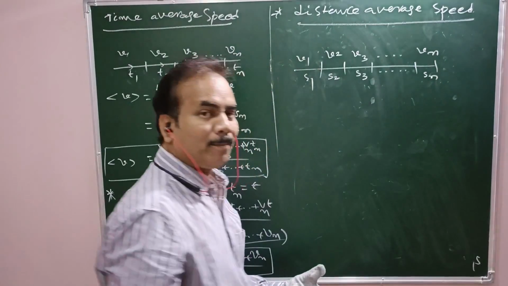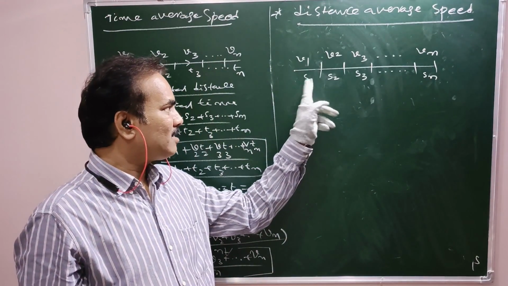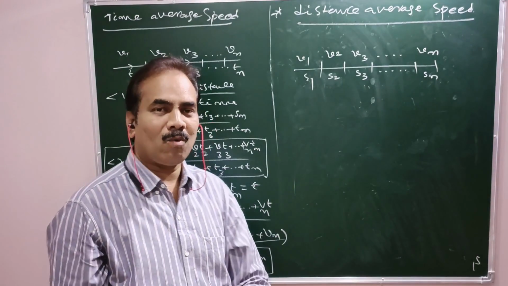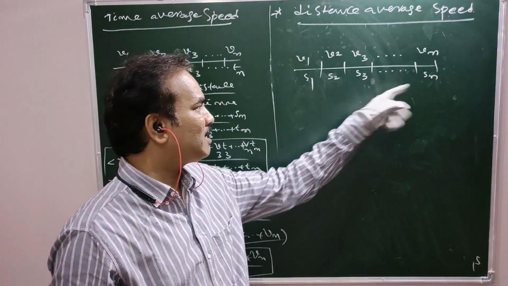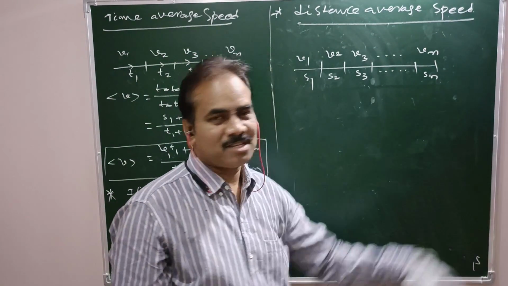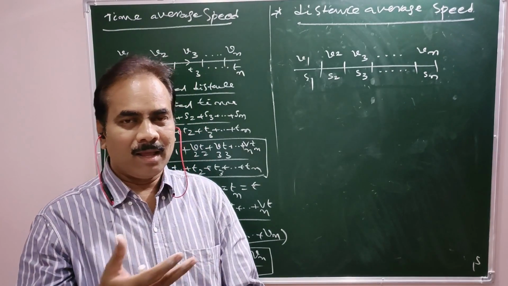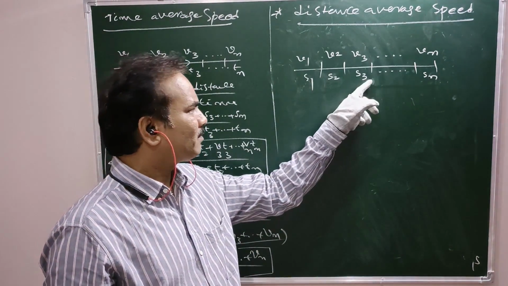So here the particle moves with different speeds to cover different successive unequal distances. Now what is the total journey distance? S1 plus S2 plus S3 plus up to Sn. That is the total journey distance. But here the total journey distance is divided into successive unequal segments.